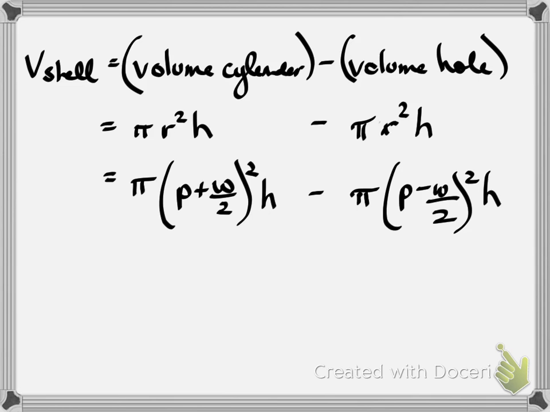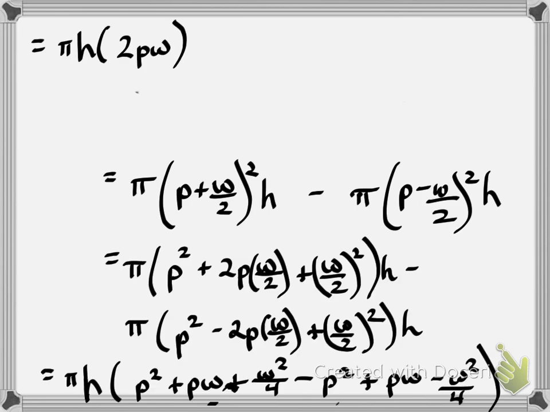When you FOIL and combine like terms, I'm going to pause it and show you what I get. Okay, so I FOILed this out and I got this. And when I distributed my negative and combined like terms, I got this.